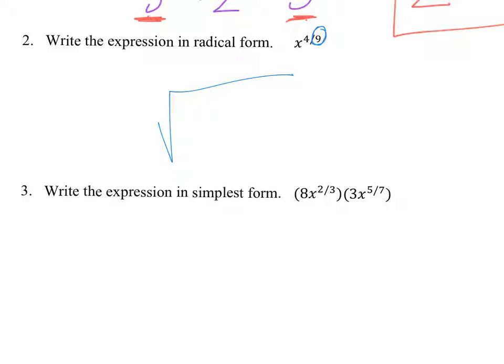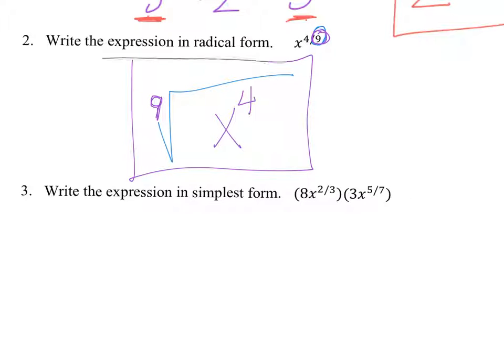So whenever it says write in radical form, ooh, that's so radical, I can first write my root. The denominator, the number on bottom, is always your index, your little number out in front. Make sure it's a little number like so. Anything that's left over, once you take out that divide by number, stays inside the root. So this would be my final answer.